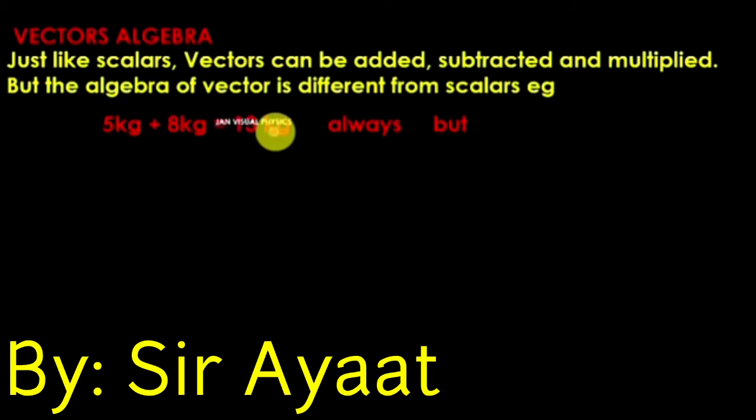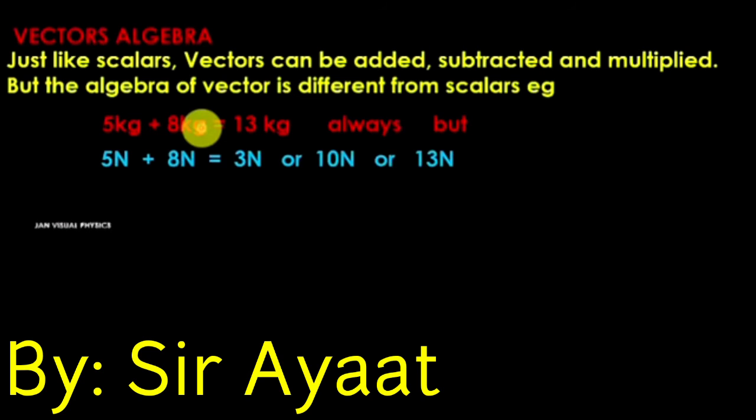For example, we are going to add 5 kg and 8 kg. The result will be 13 kg. This is a scalar quantity because mass is a scalar quantity, so we can easily add or subtract scalar quantities, and the result is 13 kg. 13 is number, kg is unit, so a number with proper unit is called magnitude.